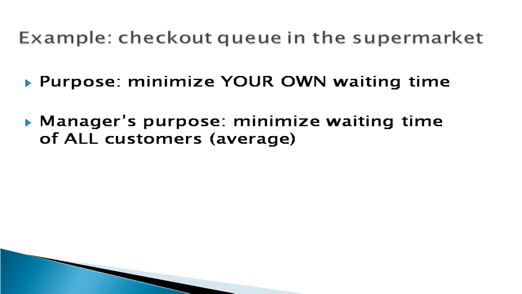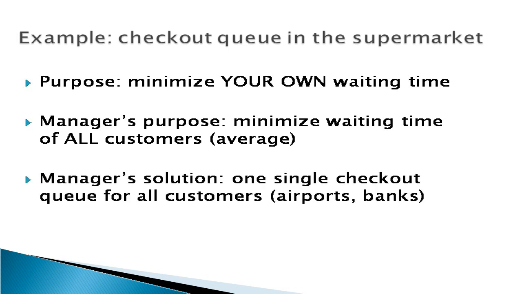But the manager's solution for this would be one single checkout line for all customers. And this is actually now seen when you go into airport lines and the customs, or when you check in at the airport counter, or in banks.